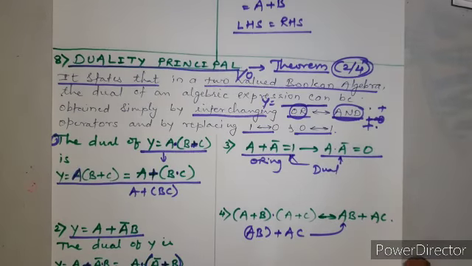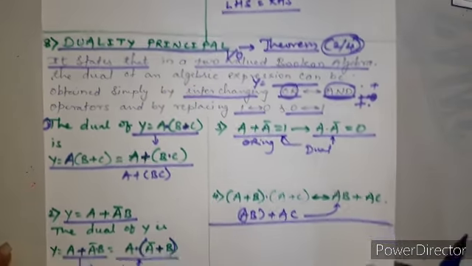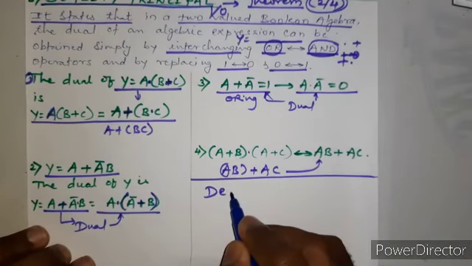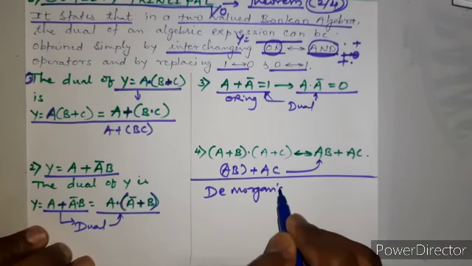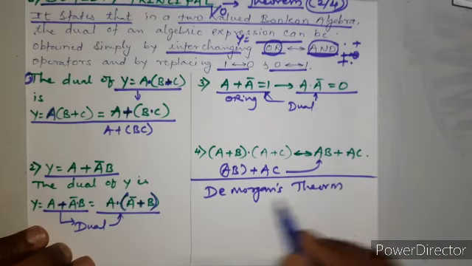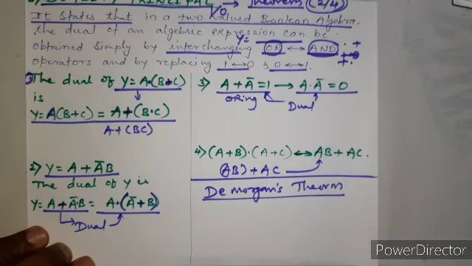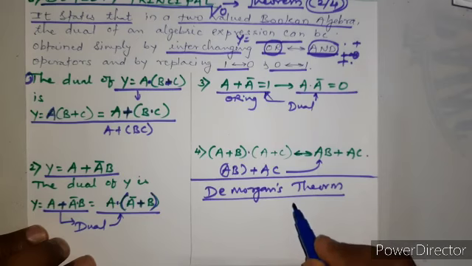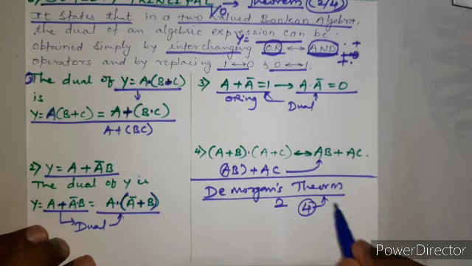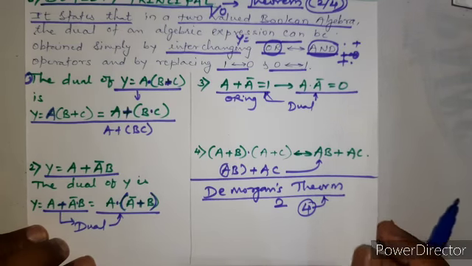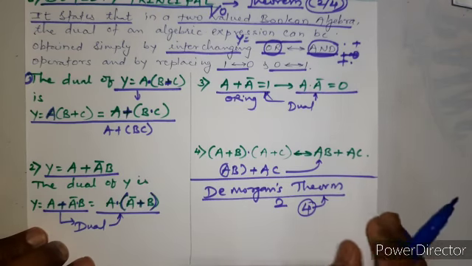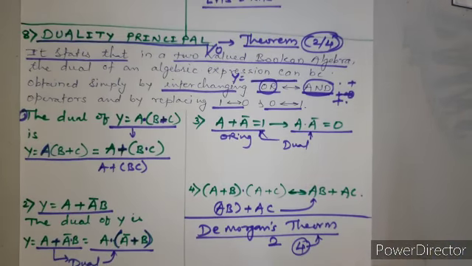In the next lecture we'll try to cover one very important concept of Boolean algebra, De Morgan's theorem. Now this is another very important one. We have 2 De Morgan's theorems, and we have a 4-mark question to prove both of these theorems. So in the next lecture we'll see De Morgan's theorem, which is quite useful to reduce a given digital circuit.